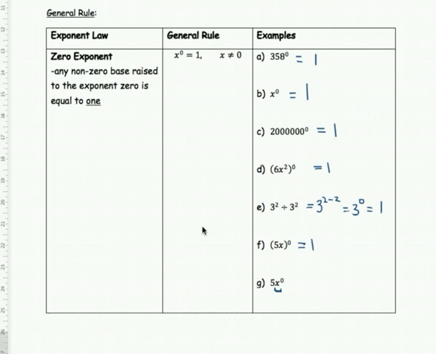So you have to follow BEDMAS here. You don't have any brackets, that's fine, but you have to do the exponent first. So this part here is what belongs to the exponent 0.